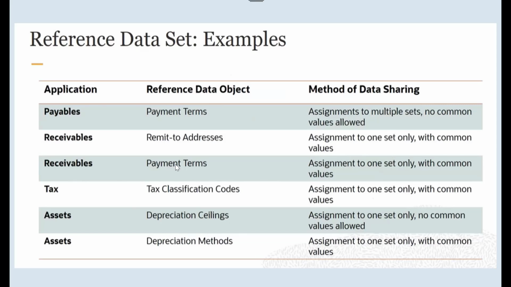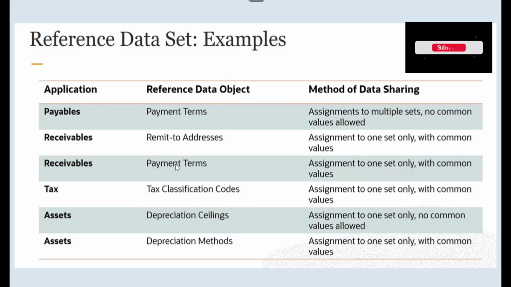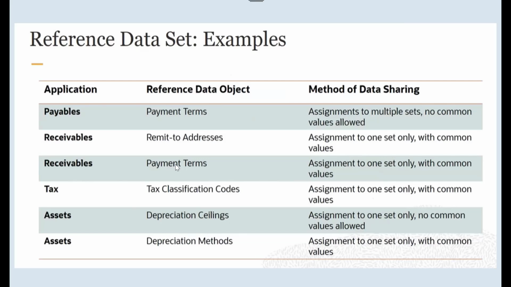And in turn, the system understands that this payment term should be available for use to all the business units. You don't have to attach that to all the business units because now the system knows Common is the logic which is applicable for receivables payment terms.